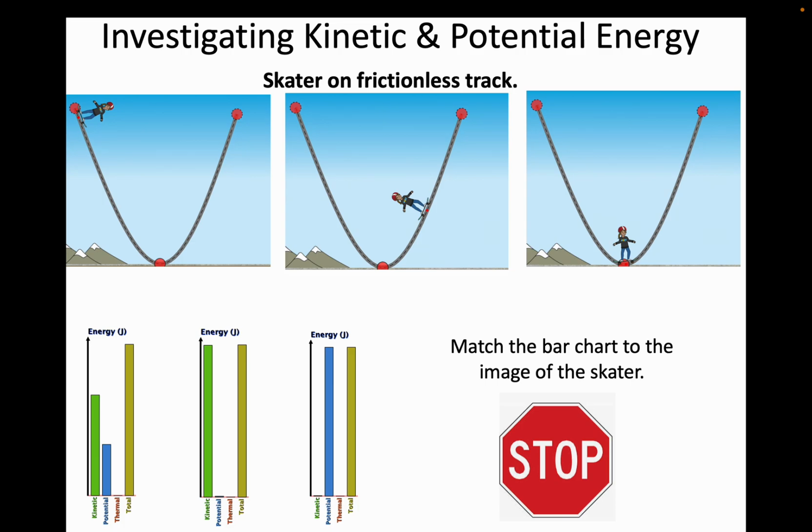Okay, take a second. Check with your classmate, share ideas with the teaching assistant, match the bar chart to the image of the skater at the different positions with the data shown at the bottom.